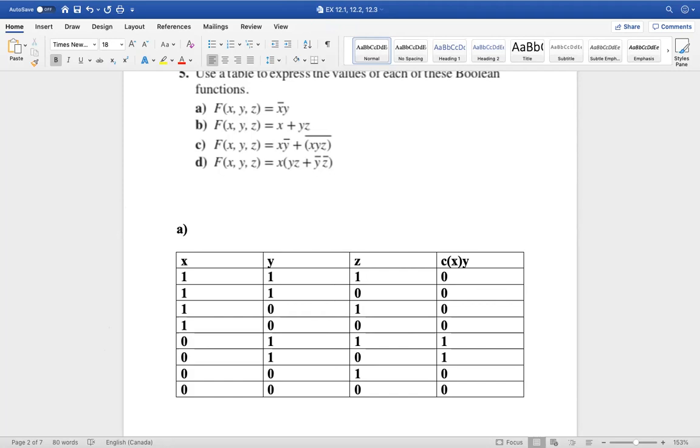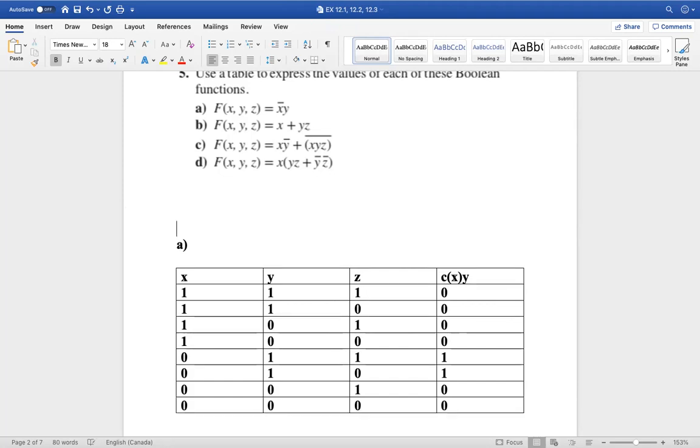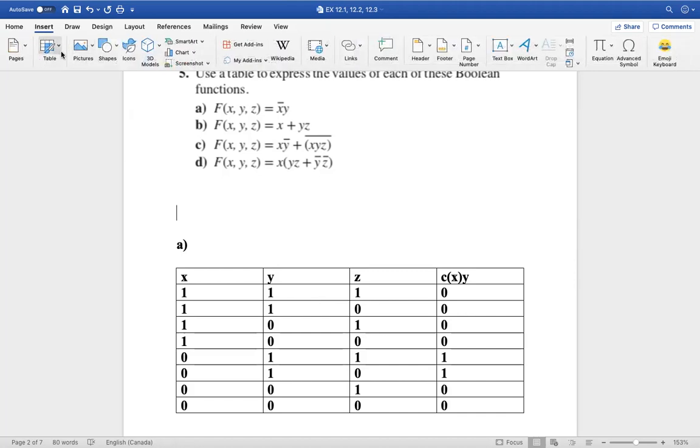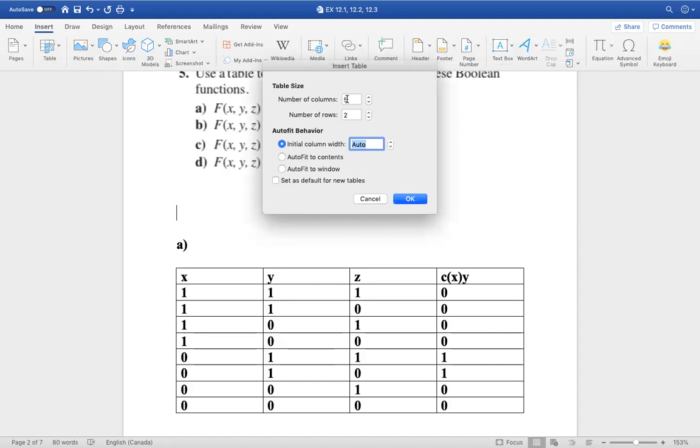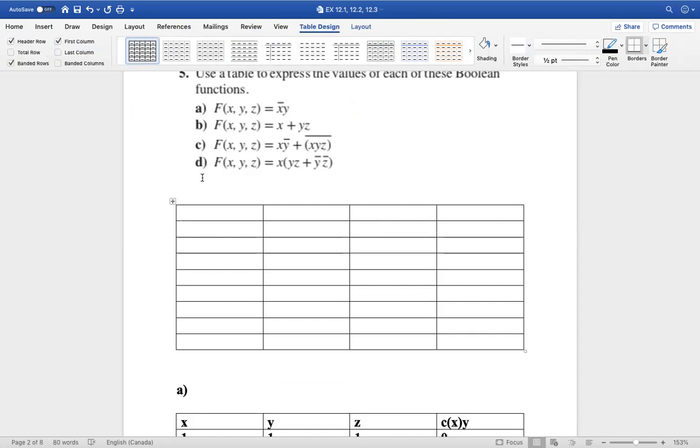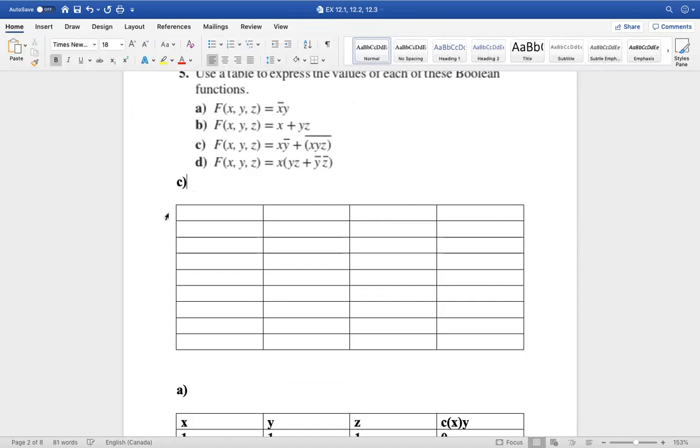Let's do part C. The table is again 4 by 9. So we have x, y, z, and then x dot the complement of y, plus the complement of x, y, z.